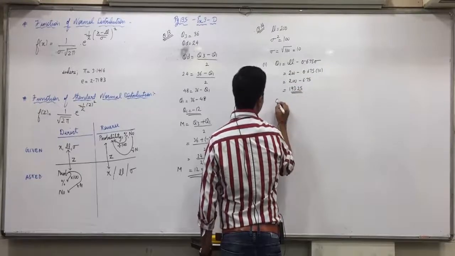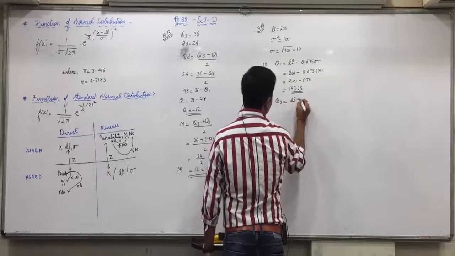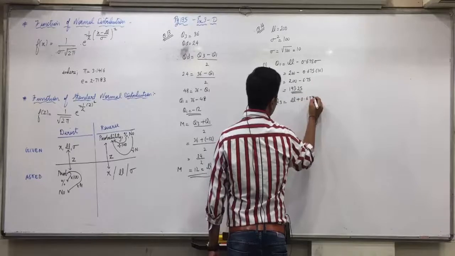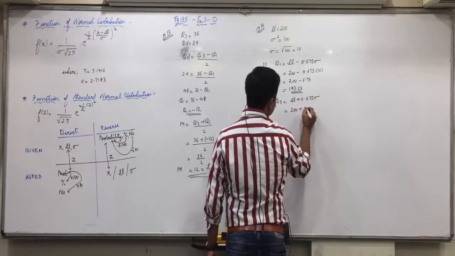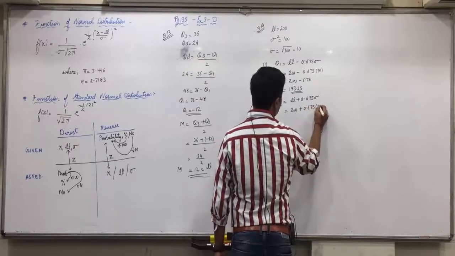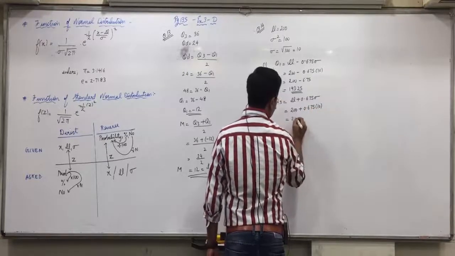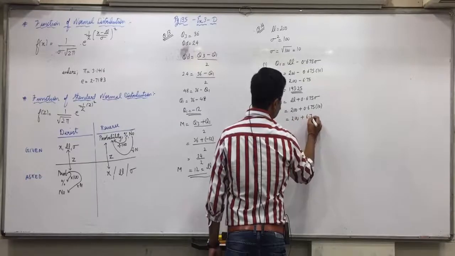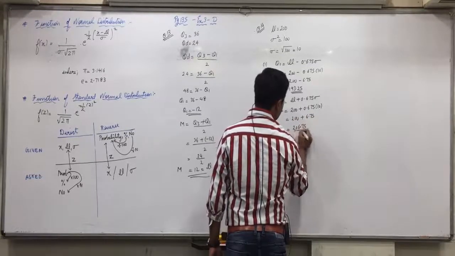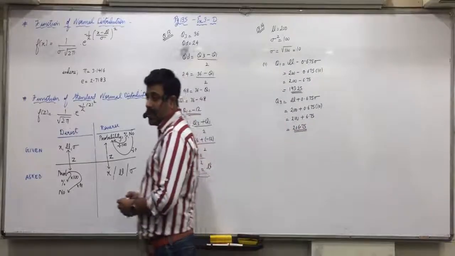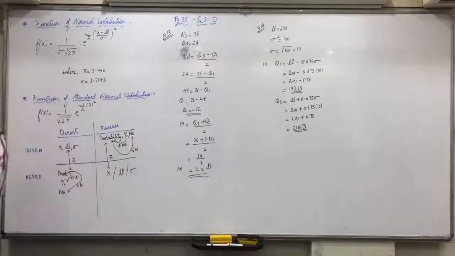193.25. Same way Q3: mu plus 0.675 sigma. 200 plus 0.675 into 10, 200 plus 6.75, 206.75. So first answer is obtained, extreme quartiles.